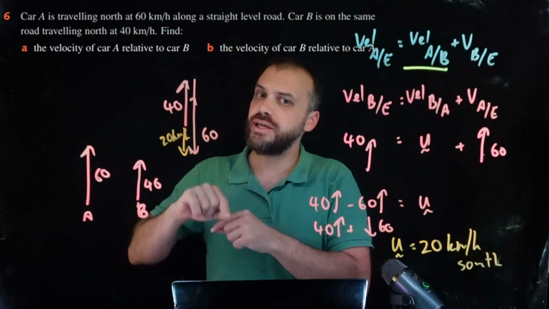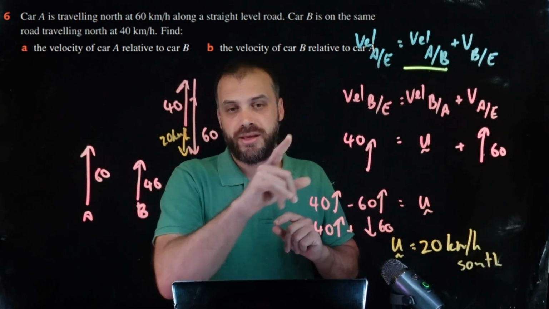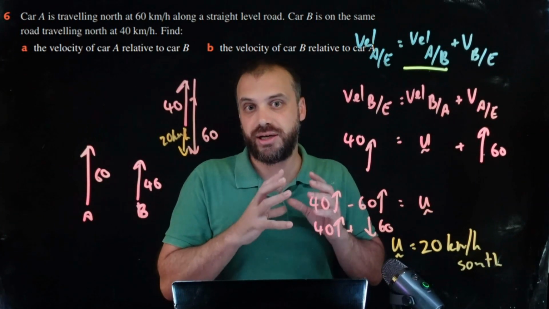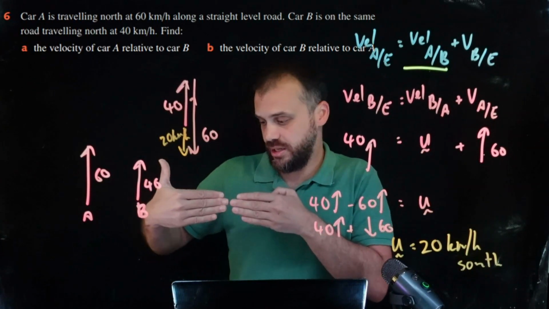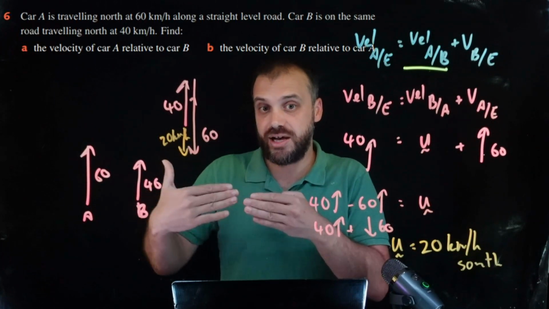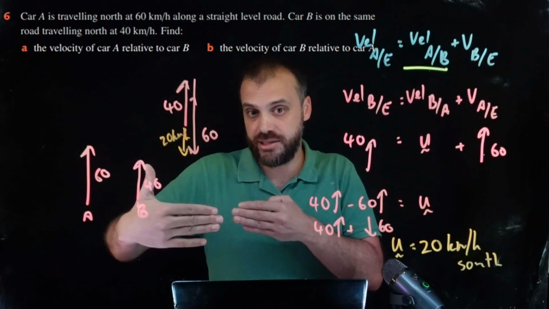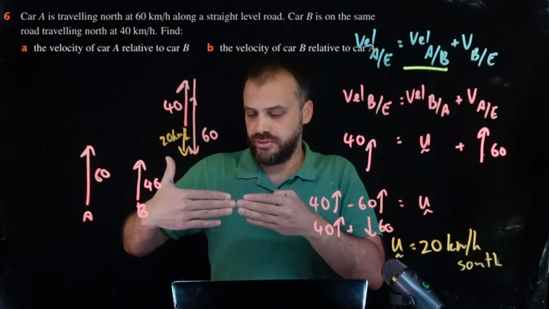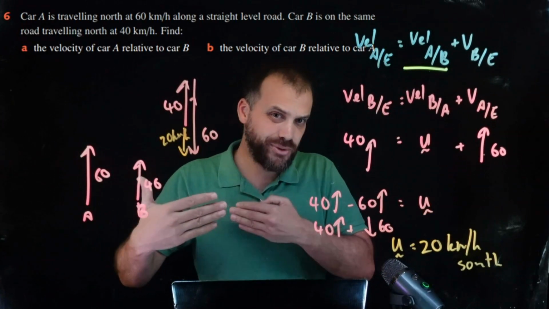This next one gets a bit of a head scratcher, but again, you've seen it in action, so you're fine. The velocity of car B relative to car A. So, now you're in car A, right? And you and car B are right next to each other. Car A is traveling faster than car B. So, your car is going to go past car B and get away from it, right? But if you look at car B, car B looks like it's going backwards, right?